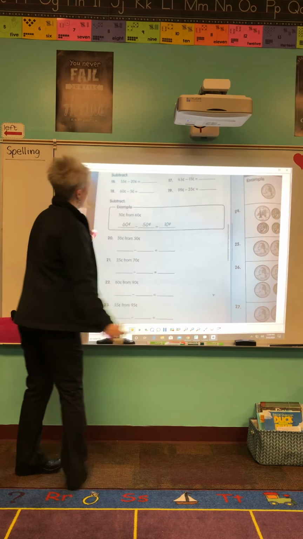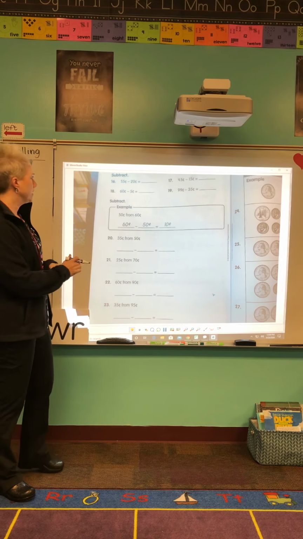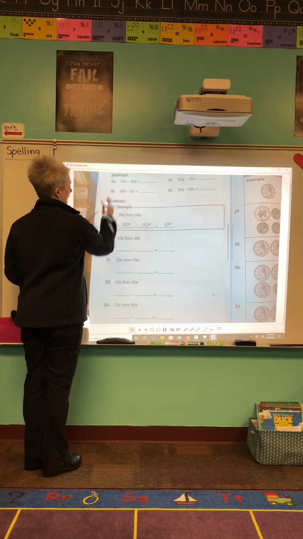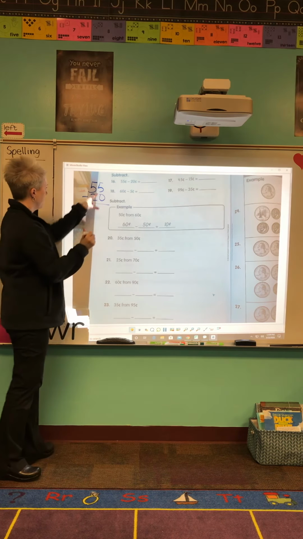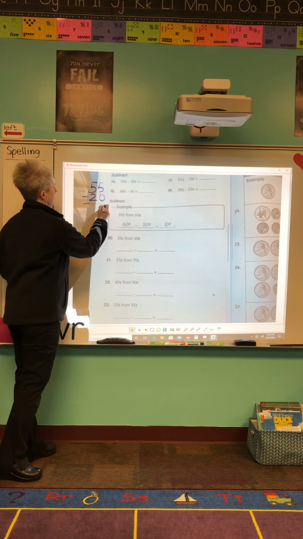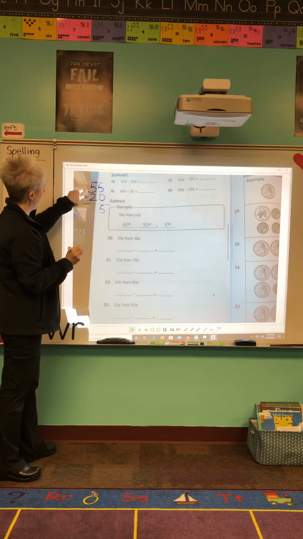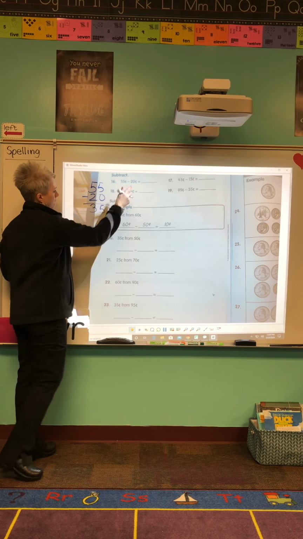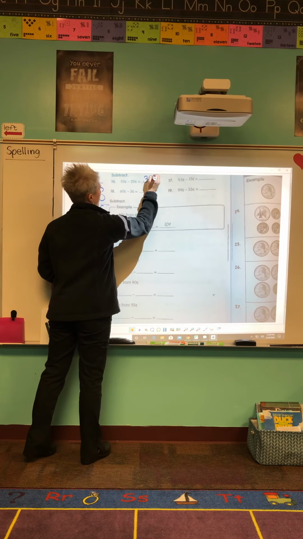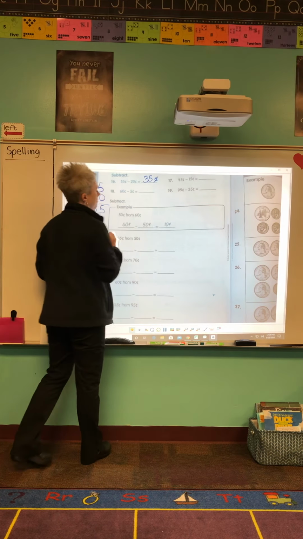Let's try that. 55 cents minus 20 cents. You can stack this if you would like. 5 take away 0, 5. 5 take away 2, 3. 55 minus 20 is 35 cents.